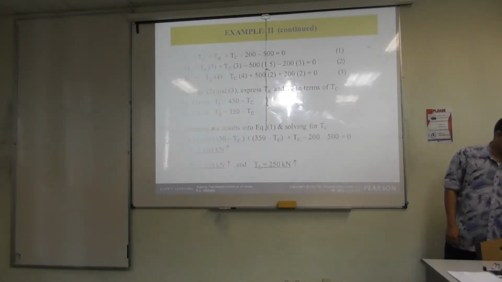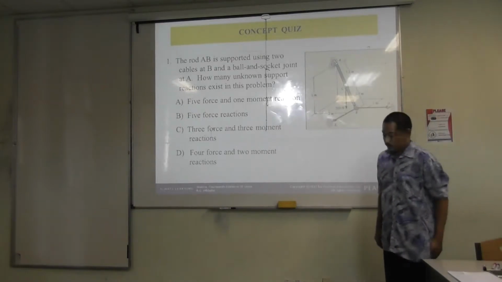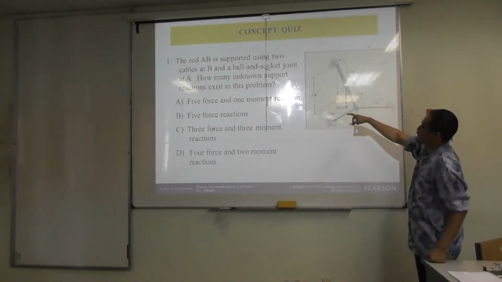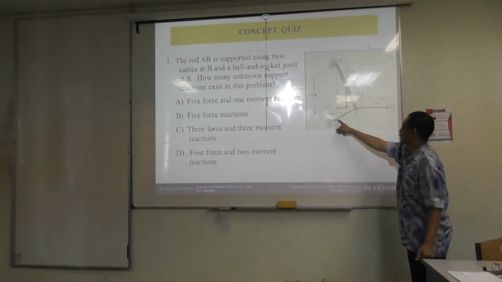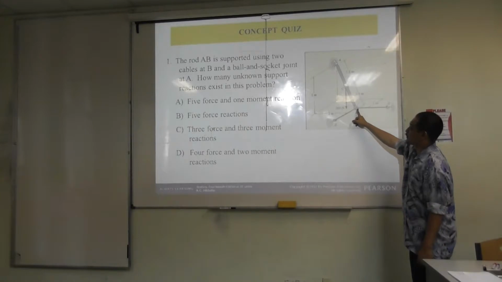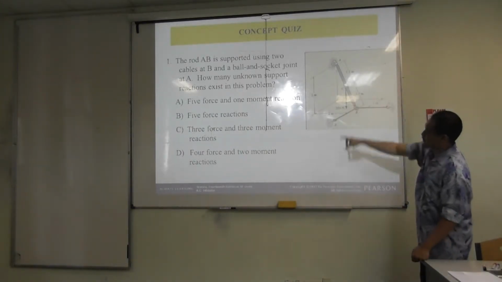All right. Concept quiz. So here we have the rod and it's supported by these two cables here, one cable and two cables. This is a separate different cable here, and then we have a ball and socket up there. So in total, how many unknown support actions?